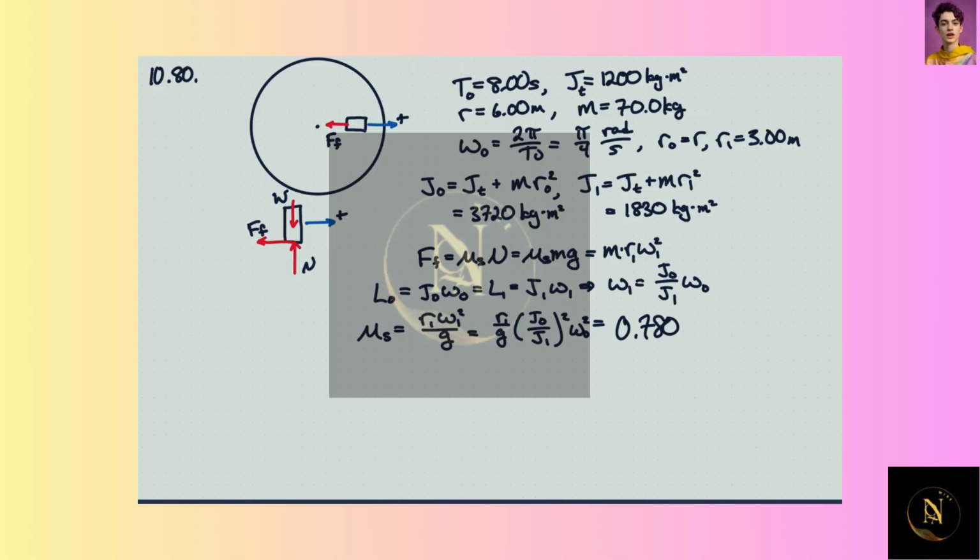We can take a look at some of these values. As R1 goes up, where the radius is where we start to slip, basically the static coefficient of friction goes up.